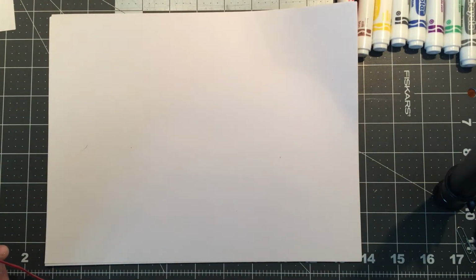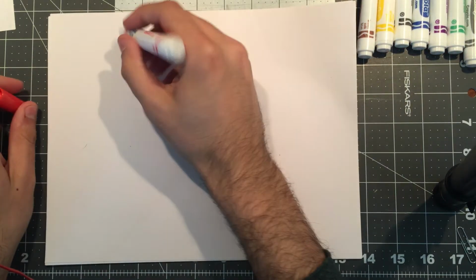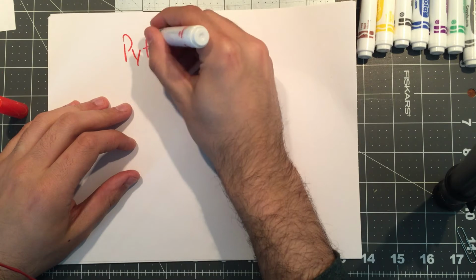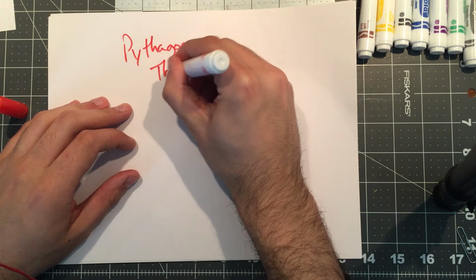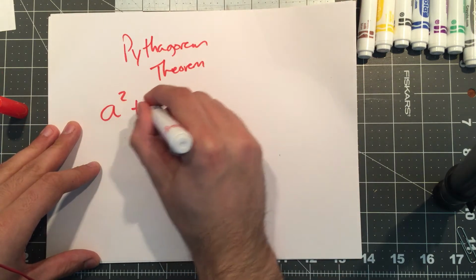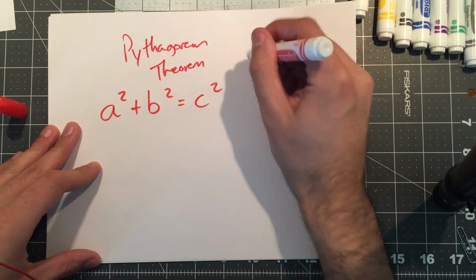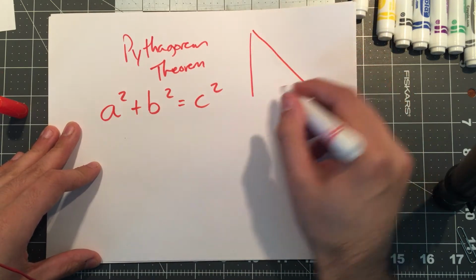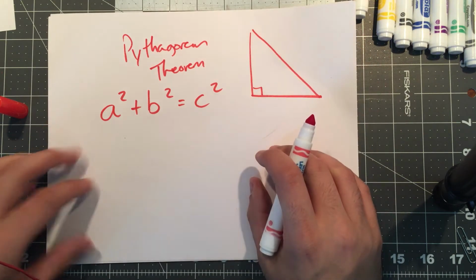I know you know it, but I'm going to write it out again. It is a squared plus b squared equals c squared. This is a really important idea that you will use again and again in your mathematical journey.